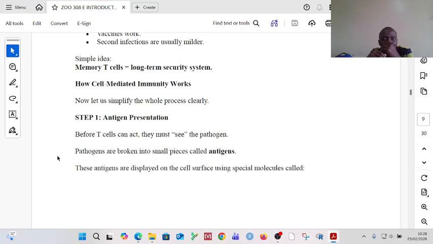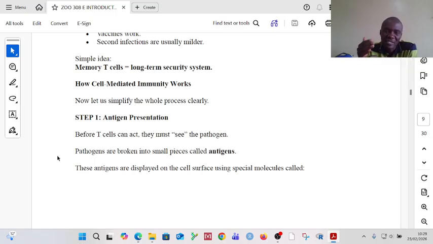So before these T cells can act, the pathogen has to be recognized by them. The T cells cannot recognize the pathogen as a whole, so the pathogen has to be broken down into small pieces. These small pieces are antigens. Then these antigens have to be displayed on the surface of the cell that the pathogen has infected.